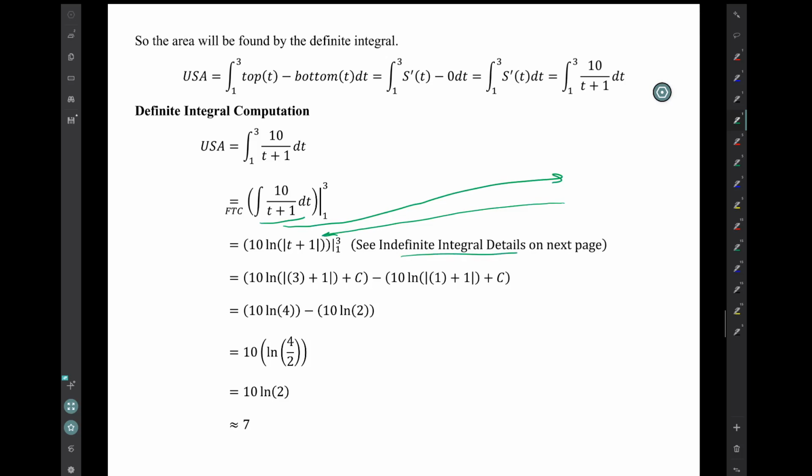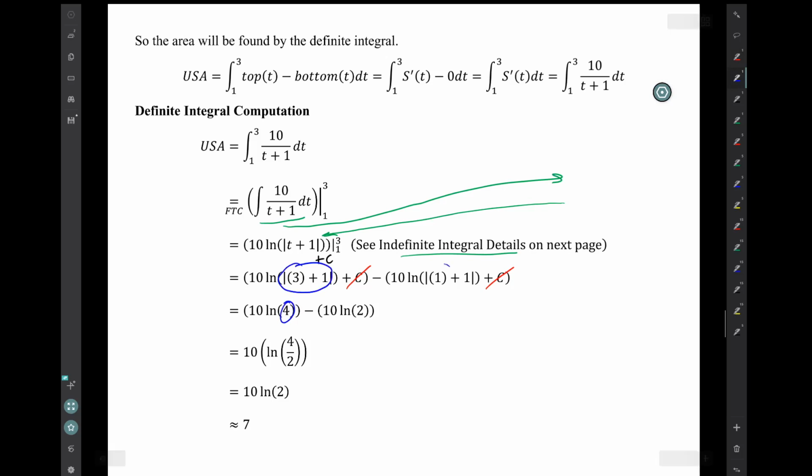So the indefinite integral is, this should say 10 ln of absolute value of t plus 1 plus c. And then I have to compute the change in that from t equals 1 to t equals 3. So the plus c, the constant of integration, gets canceled in the first subtraction step. And then there's just some careful arithmetic. Absolute value of 3 plus 1 is just the number 4.